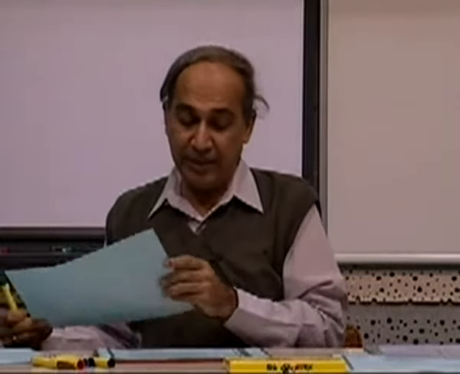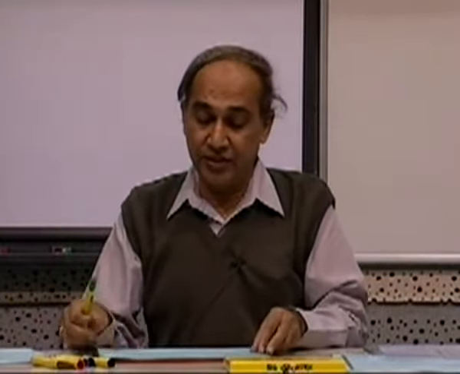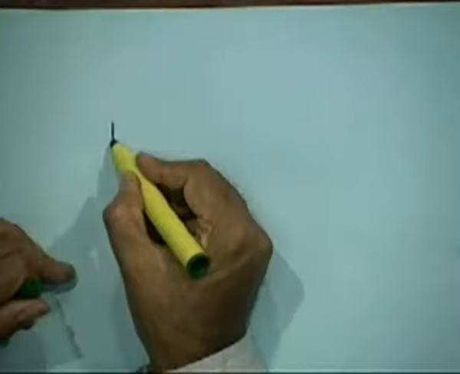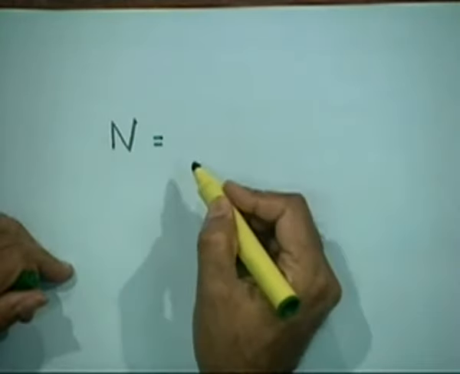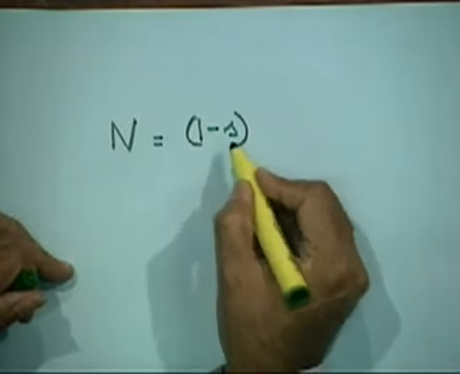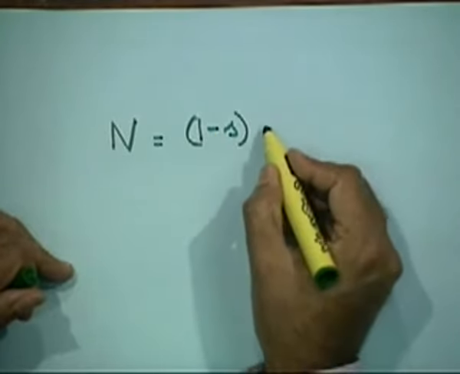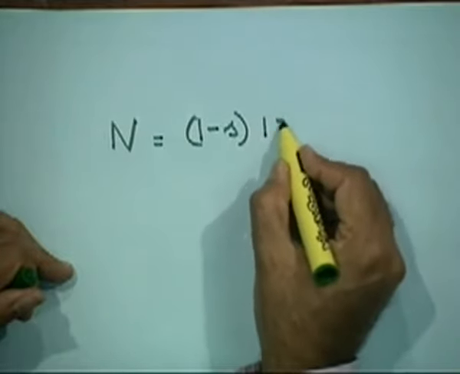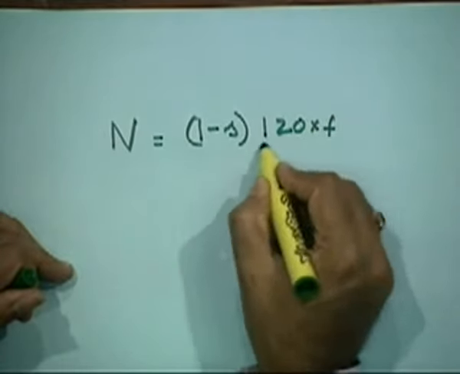because the basic principle of controlling the speed is, the speed of an induction motor is equal to (1 minus s) times the synchronous speed. Synchronous speed is 120 f by p.